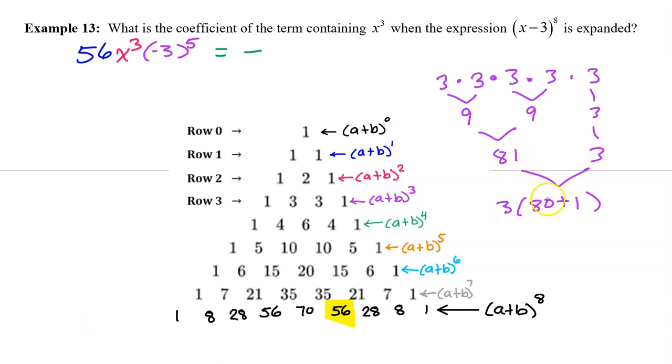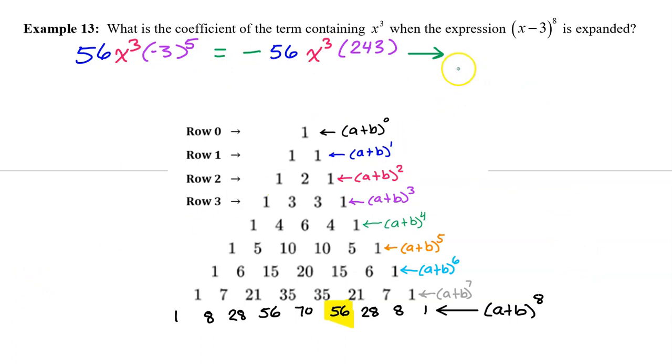3 times 81 is 3 times 80 plus 1. 3 times 8 is 24, so I know 3 times 80 is 240. So that's 240 plus 3, that's 243. So that is 3 to the 5th power. So the coefficient we are looking for will be negative whatever 56 times 243 is.